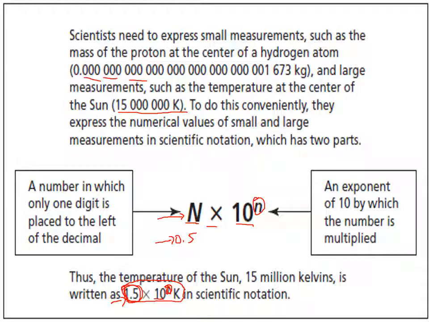The other thing is that there can only be one number before the decimal place. So 1.5 is appropriate, but something like 25.5 is not appropriate because there are two numbers to the left of the decimal place. More appropriately, this would have to be 2.55. That's more appropriate because now there's only one number before the decimal place.